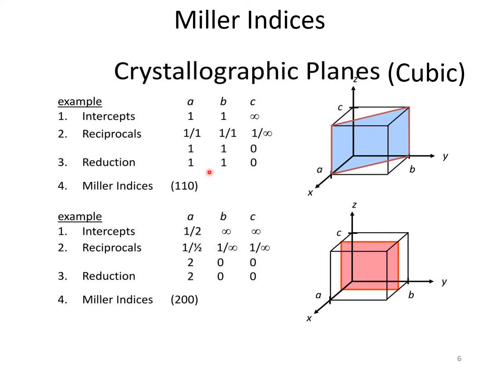In this particular case, this is the lowest degenerate form of this description, simply because all the numbers are already integers. So the prime goal in deriving Miller indices for a plane is that it should be indexed according to just simple integers. So we have no fractions. There's no room for fractions.